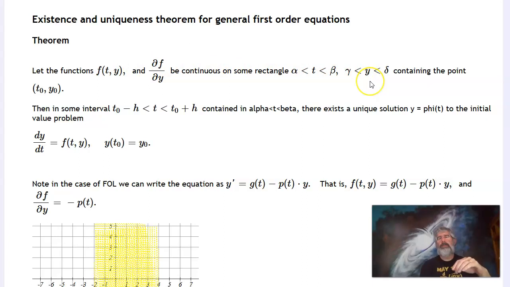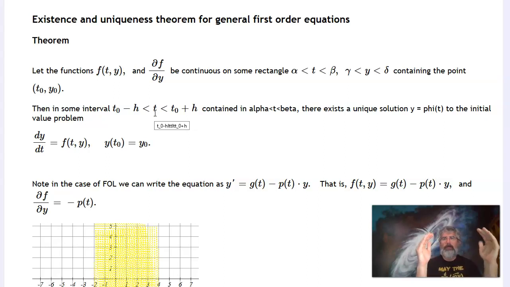So here we are, we've got this rectangle in the ty plane, and containing that interval it's got to contain the point t0, y0. So t0, y0 is going to be our initial condition, and we've got this rectangle around it. And we know that in that rectangle, this function f and the partial of f with respect to y are continuous. Okay. Now, the conclusion is then in some interval where t is between t0 minus h and t0 plus h.